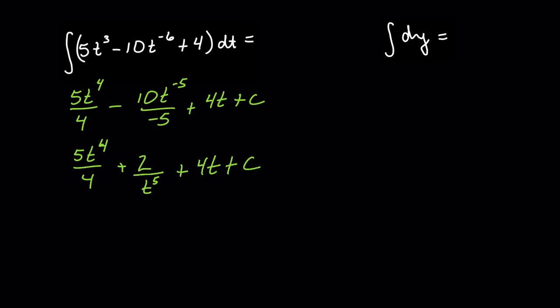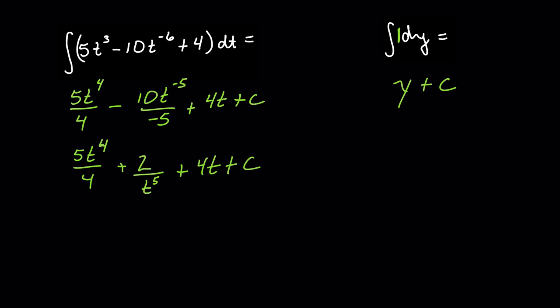And then lastly, the integral of dy, you can think of this as a 1 right here. The variable that we're integrating here is with respect to y, which means our answer for the antiderivative of 1 is not 1x, it is 1y, and then plus c.